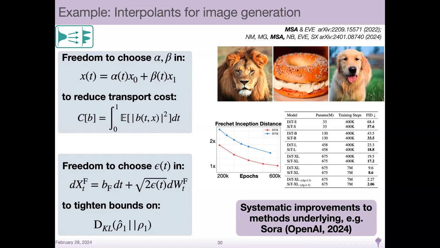Some of our colleagues, one of whom authored the diffusion architecture behind this new Sora model that OpenAI put out, were interested in investigating this. By choosing these alphas and betas and trying to tighten this KL bound that I was talking about, we can systematically say, let's apply that diffusion architecture that they were using, and let's do it with the interpolant and see what the benefits are.